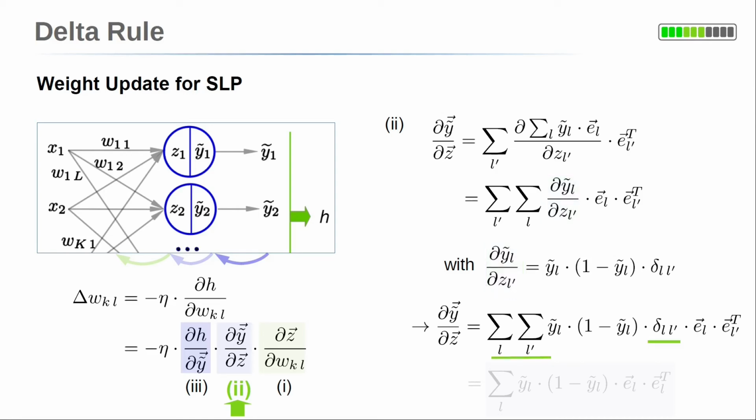However, because of the Kronecker delta, there is a non-zero contribution only if L equals L prime. So the two summations collapse into a single one, and here we choose L as summation index. This gives the sum over L of y tilde L times 1 minus y tilde L times the unit vector EL times the unit vector EL transpose.